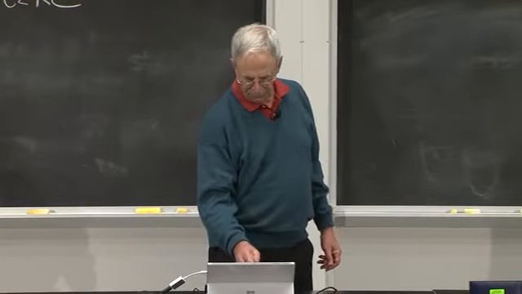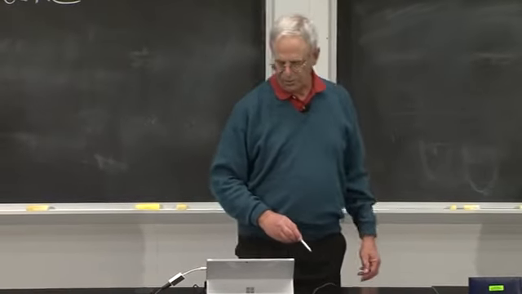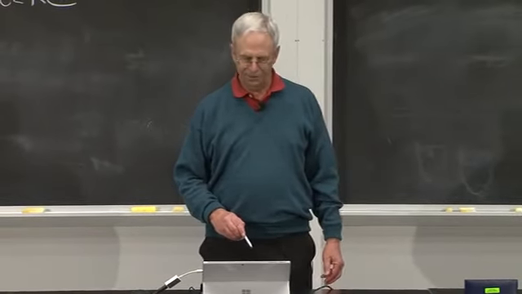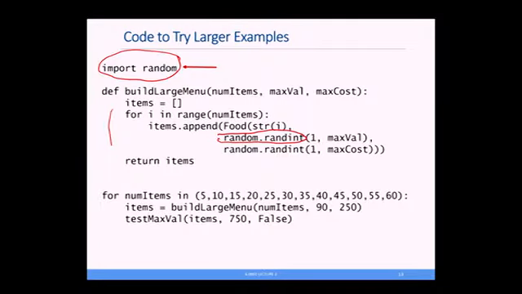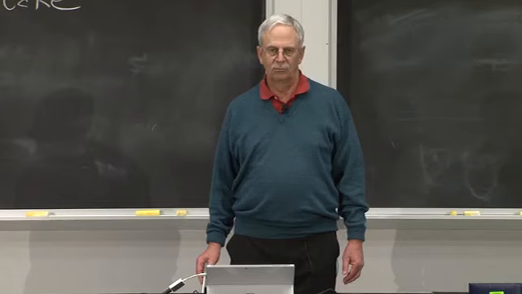And then I'm going to build menus ranging from 5 items to 60 items. Build large menu, the number of items with a max val of 90 and a max cost of 250, pleasure and calories. And then I'm going to test max val on each of these menus. All right?